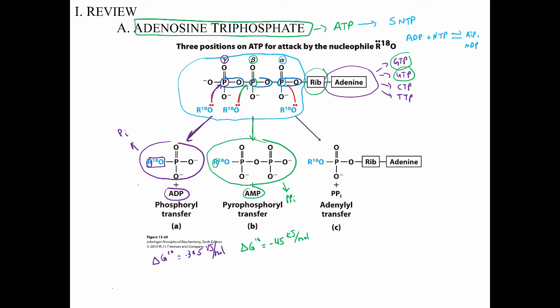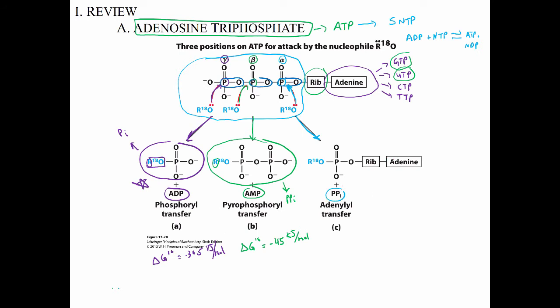The most common of reactions is this one in purple. The one in green is somewhat common. We'll see it in several scenarios in this class. And then the final one, which I haven't really even talked about, is where the alpha phosphate is attacked by a nucleophile, which also results in PPi, pyrophosphate.